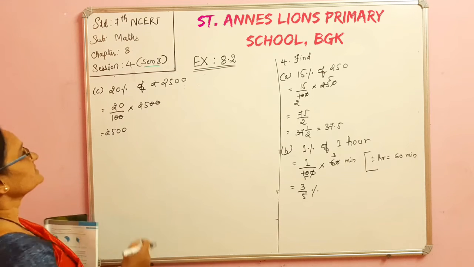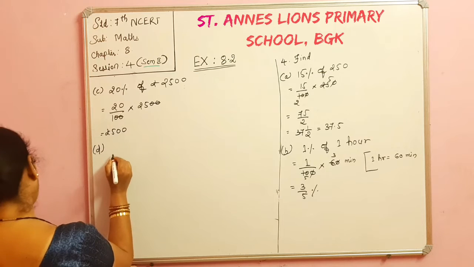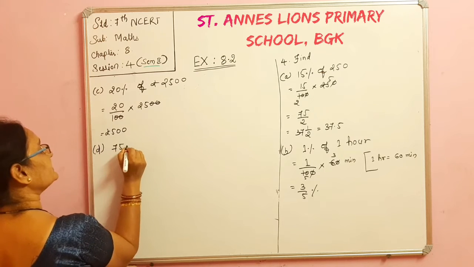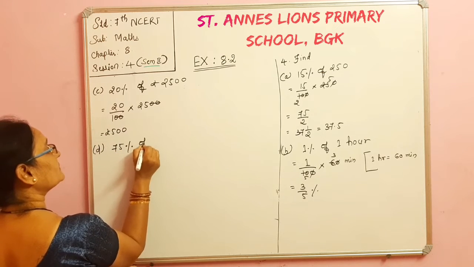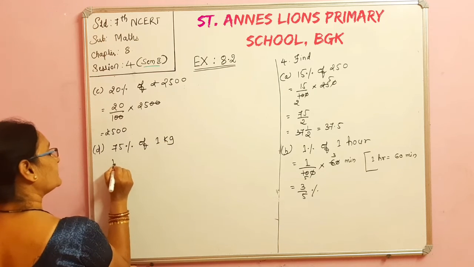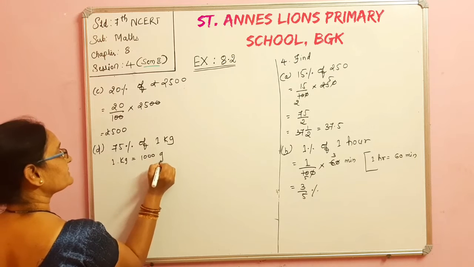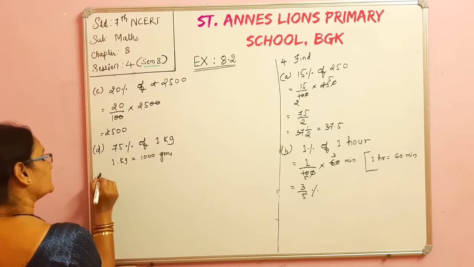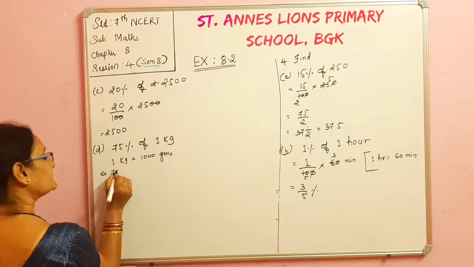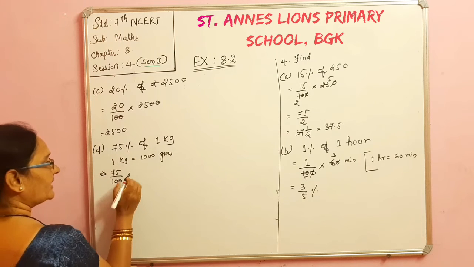Then the last one, that is D, is 75% of 1 kg. You know that 1 kg is equal to 1000 grams. We have to use this. So this implies that 75 by 100. 75% means 75 by 100.